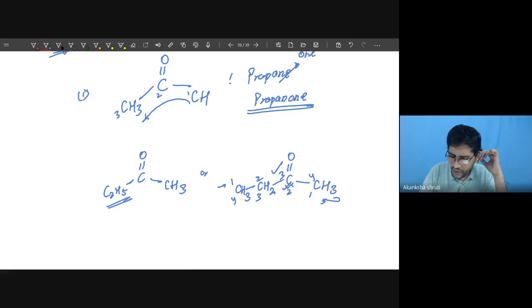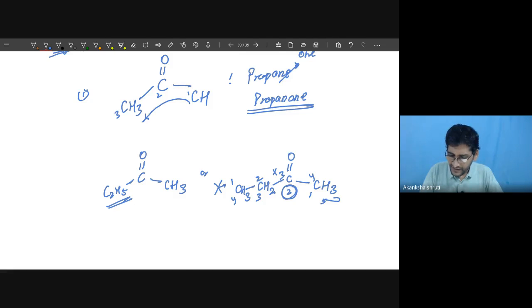Student, the lower number for the functional group is always preferred. That is the rule of nomenclature. So we shall write this 2, not the 3. So numbering from this end gives the wrong name.